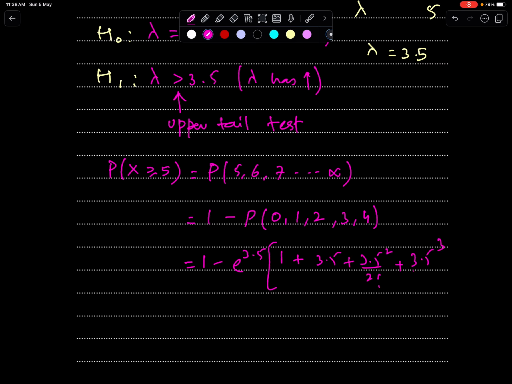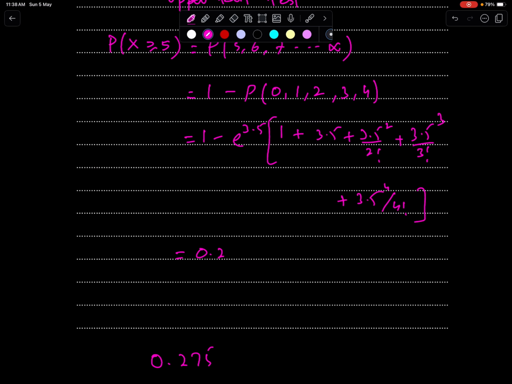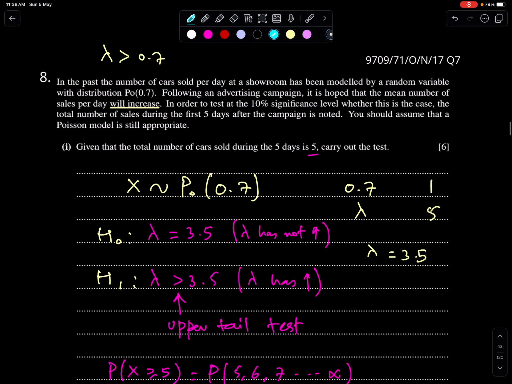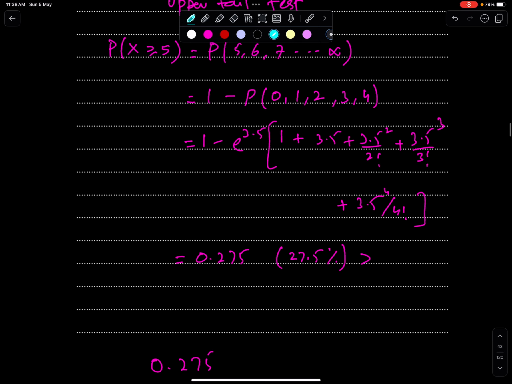Now this probability is 0.275. In percentage it is 27.5%, which is greater than the significance level, which is I think 10%. So this number 5 is not in the critical region.